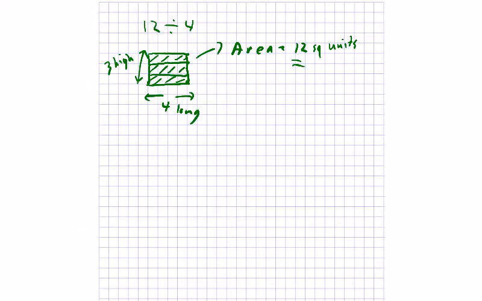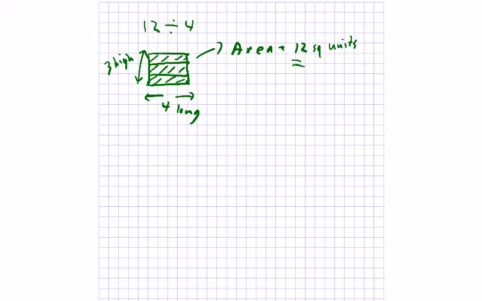But you can see here by subtracting the width of 4 3 times, I'll get to a total of 12. So when you're thinking of division, think about the number being divided as the area, and you're figuring out how many times you could subtract out a width, or conversely you could think of how many times you're subtracting out a height in order to get the other side that's missing.